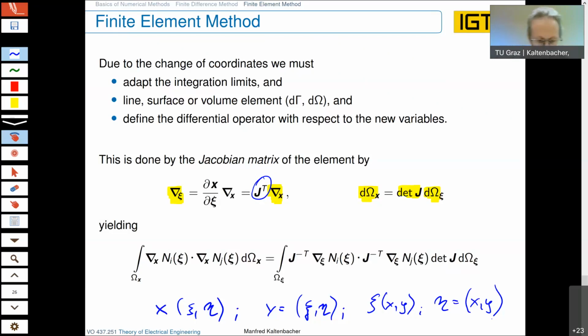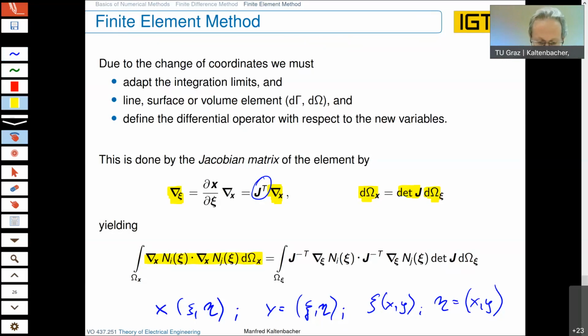Okay, so now you exactly see this problem here. I have the global derivative of Ni and Nj depending on the local coordinates on the unit cube, integrating over the x, y, z space of our physical element.